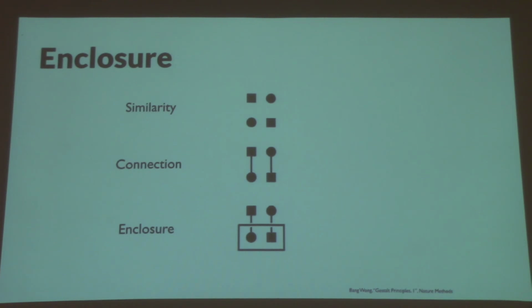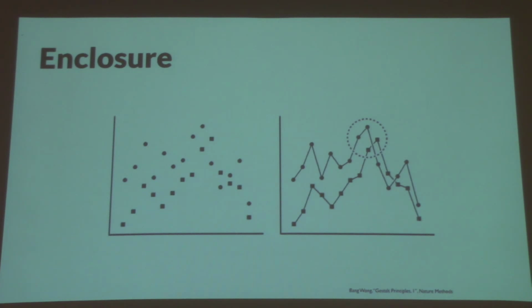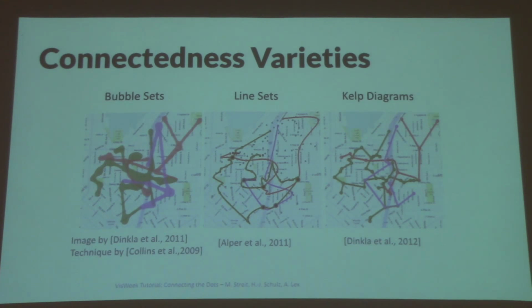We kind of mentioned that, similarity, connection, and enclosure. Here we can clearly see that if we only had the dots here, this would be harder to recognize, but since we have the connections, and if we enclose this, it's pretty clear which is which in this example. There was a lot of research in this area.